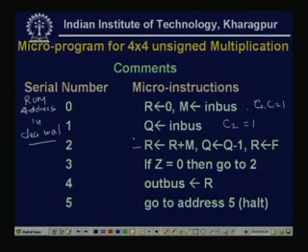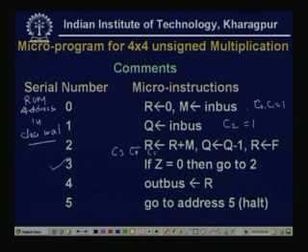Again here R is R plus M, Q is Q minus 1, and F is R, meaning the result. These are actually C3, C4 and C5.